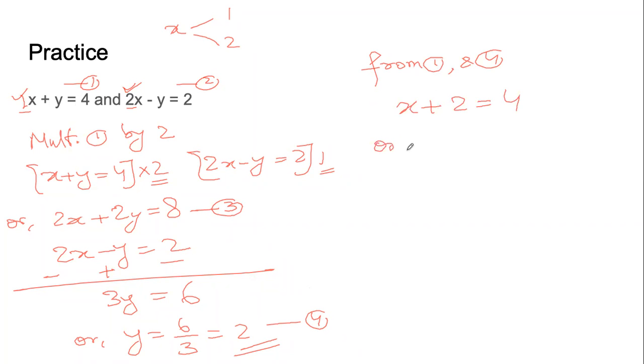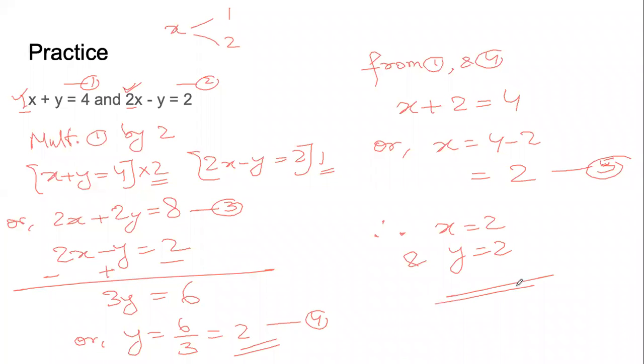Now when we solve this, x equals 4 minus 2. We are taking plus 2 from the left hand side to the right hand side, which comes as 2. So from 4 and 5, we get x equals 2 and y equals 2. This is the solution. It's the same solution, same values. We have done it right.